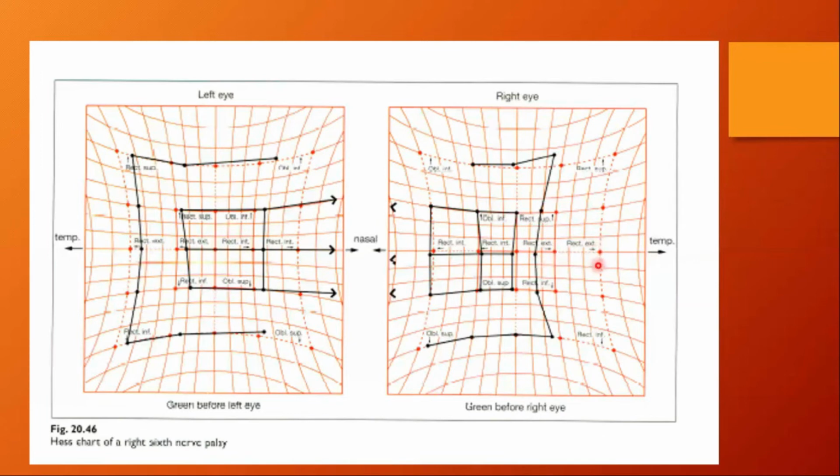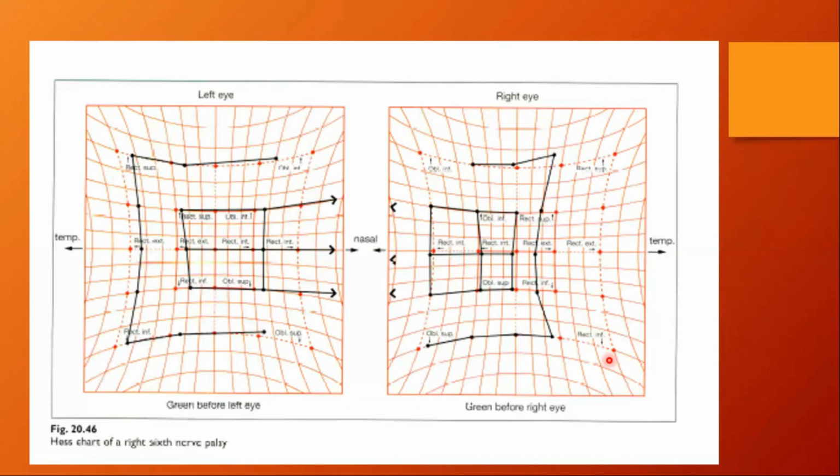I forgot to mention that sixth nerve palsy will affect the lateral rectus function only, right? So you might think that the limitation should only be for abduction, but actually you will get limitation in up and out and down and out, because for the superior rectus and inferior rectus to function, the lateral rectus should be healthy.